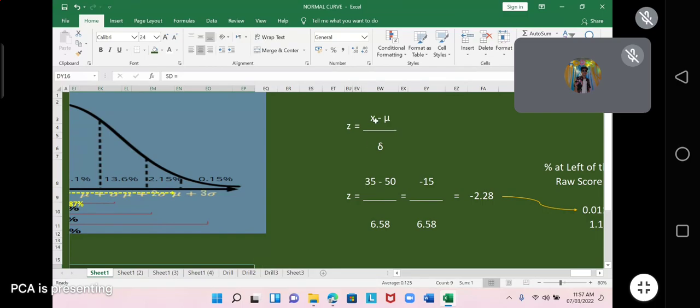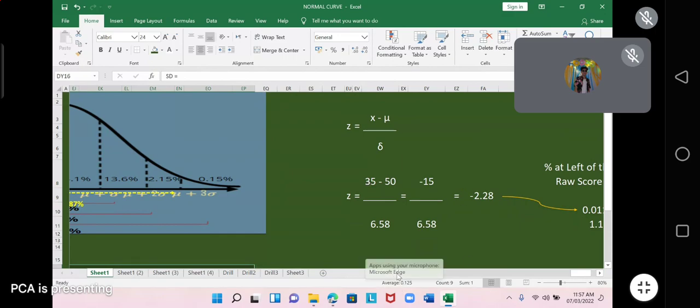You have this formula, it's 35, that is the score, X minus a mean, that is 50, over the standard deviation, which has a Greek symbol, I forgot what it's called. Standard deviation is 6.58, then negative 2.28 is for 35.